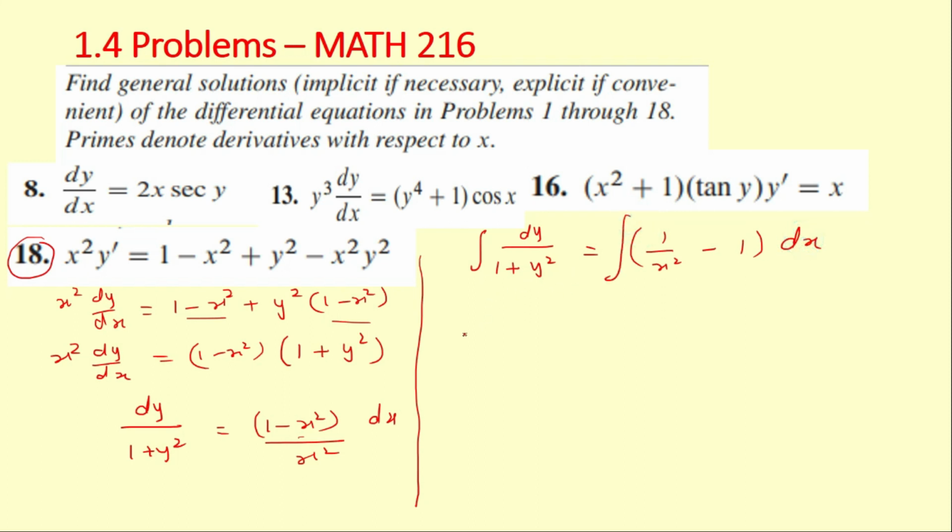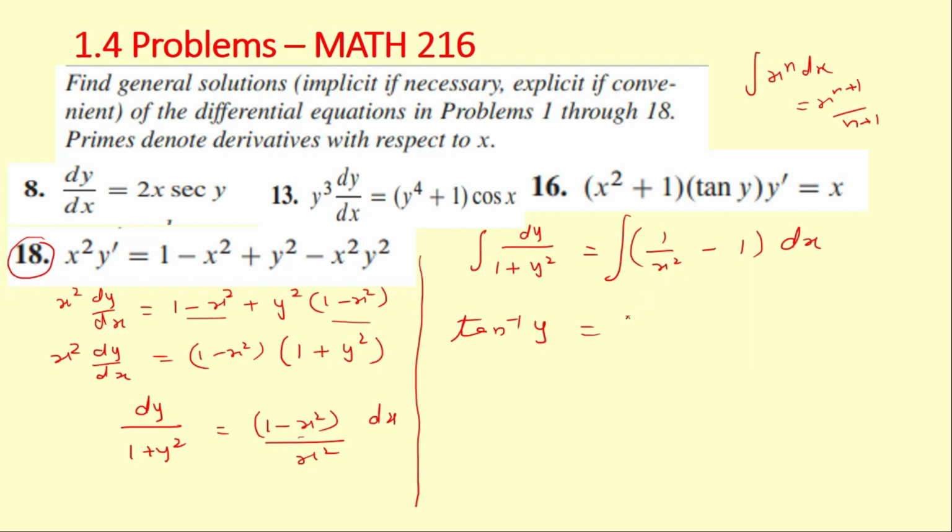So when you integrate on both sides, left hand side is obviously it's the formula of tan inverse y. Right hand side 1 over x square, when you integrate, use this formula x power n dx, which is x power n plus 1 over n plus 1. So here the power n is minus 2.